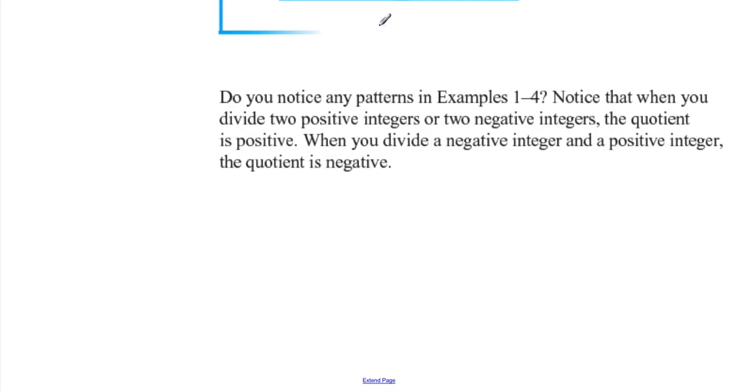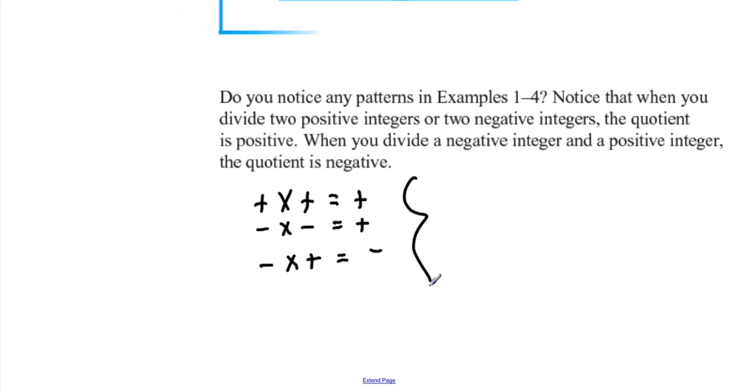Just like multiplying integers: when you multiply a positive times a positive, that will give you a positive result. When you multiply a negative times a negative, that will also give you a positive result. But when you multiply a negative times a positive, that'll give you a negative result. That's the same thing as division of integers.